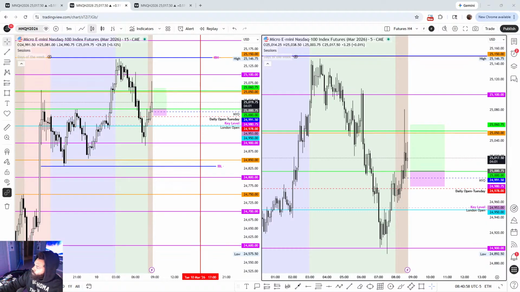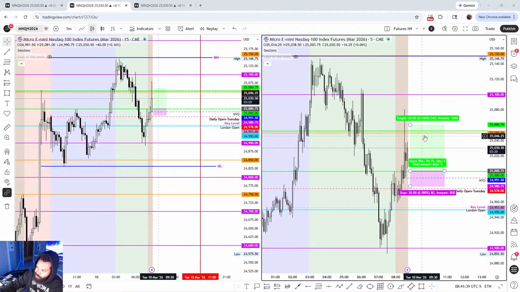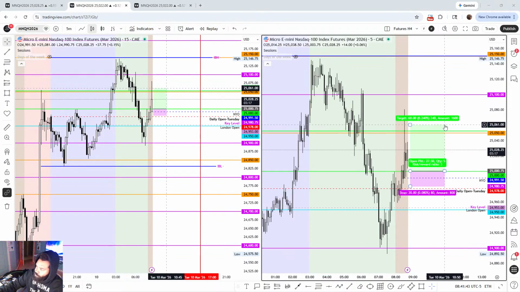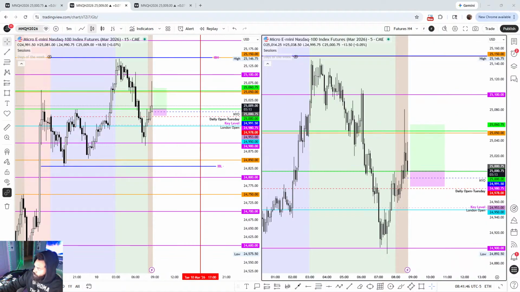Watching that 5, watching that 15. So like I said, just make sure you have that 60 level already marked off, if you're in that area, because I don't know if this is gonna go higher or not, honestly.